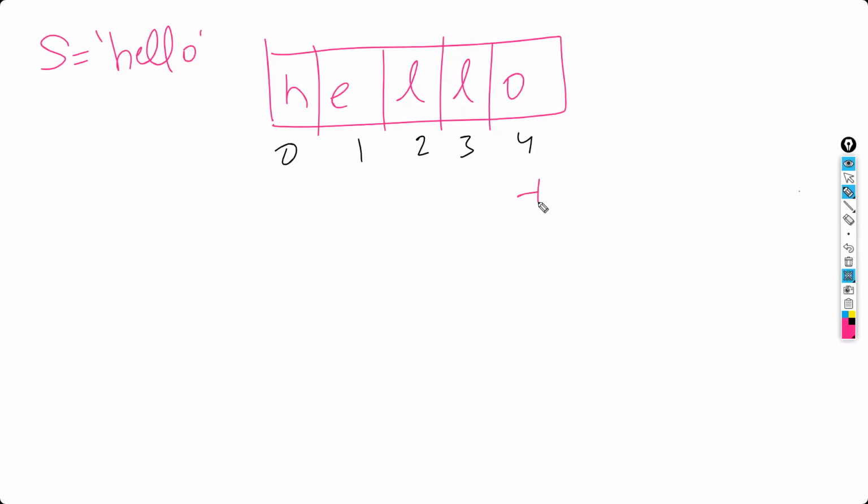Remember this, it is more important in the slicing operation. Whenever you are moving in the negative direction, the index numbers start from this one: minus 1, minus 2, minus 3, minus 4, minus 5. This is the negative direction, and this is the positive direction.